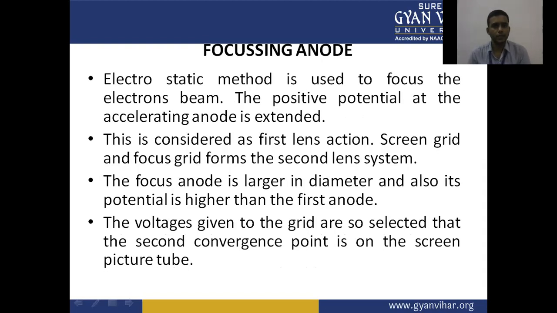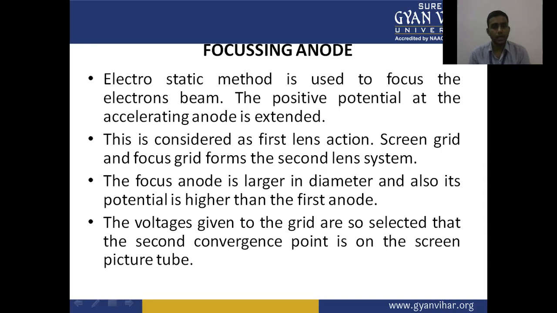Focusing anode: the electrostatic method is used to focus the electron beams. The positive potential at the accelerating anode is extended. This is considered as the first lens action. Screen grid and focus grid form the second lens system.